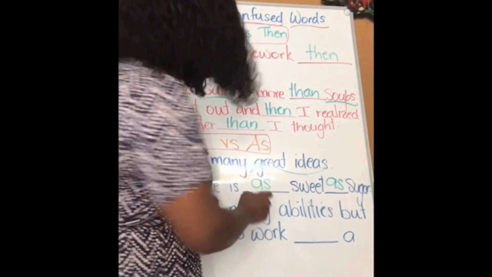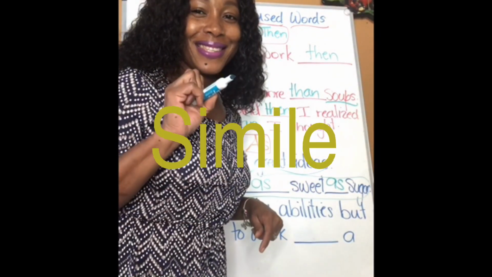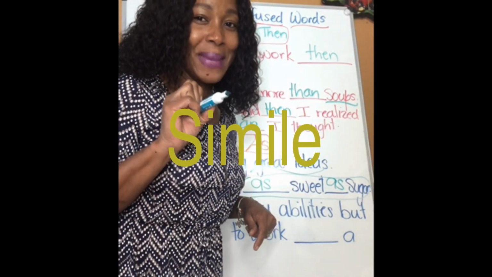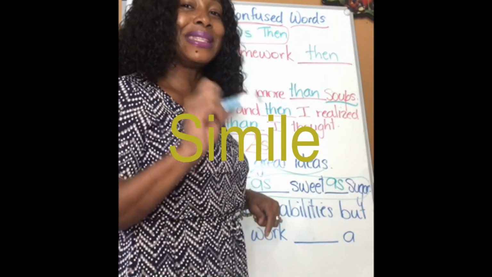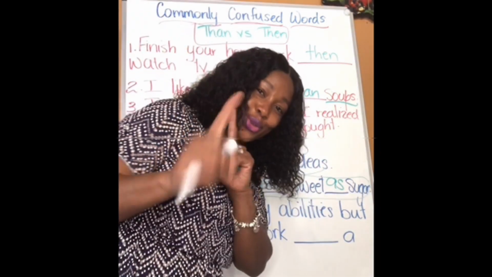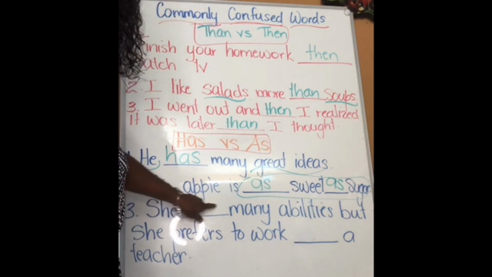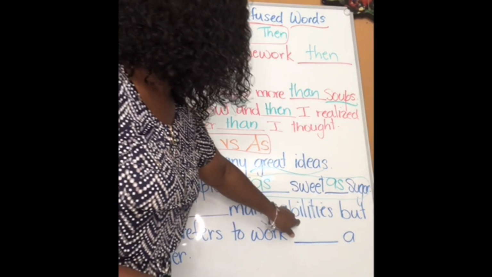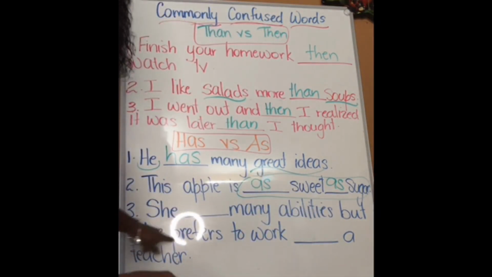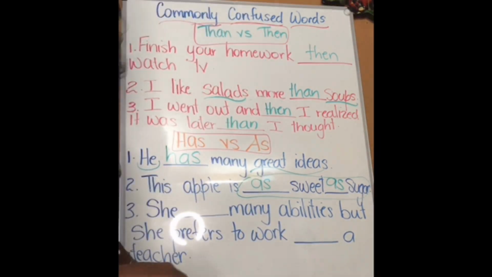Do you remember what we call this phrase? It starts with S. Simile. We're going to look at those similes. All right, last one, and that's yours again. Let's go. She has or as many abilities, but she prefers to work has or as a teacher.